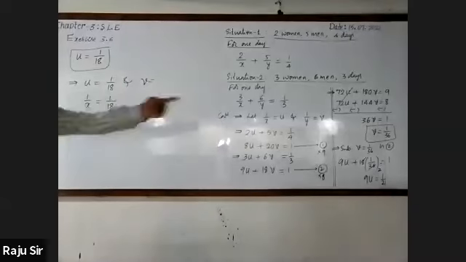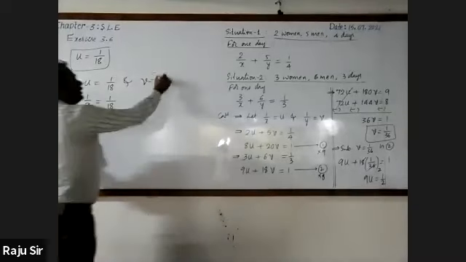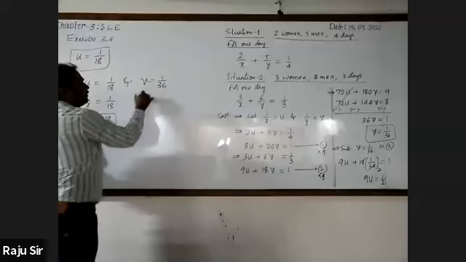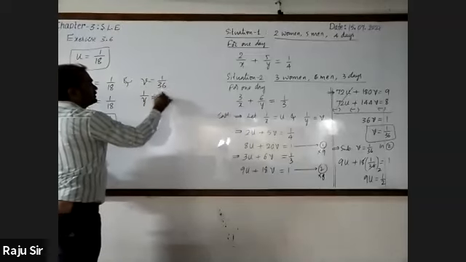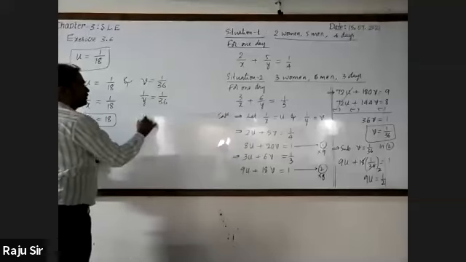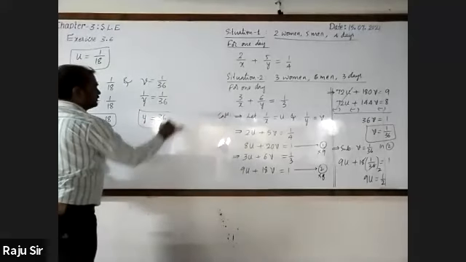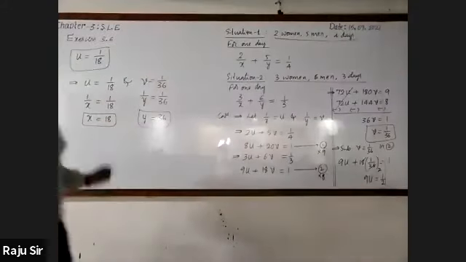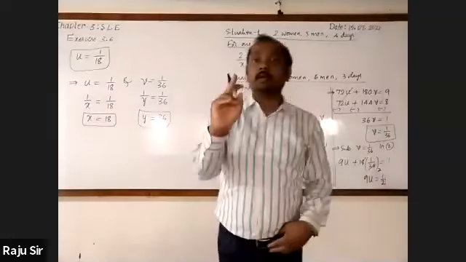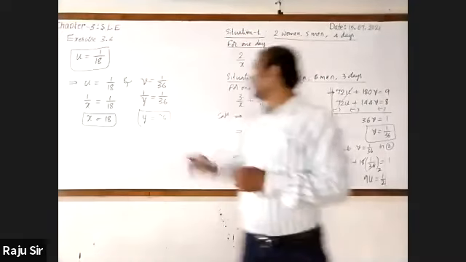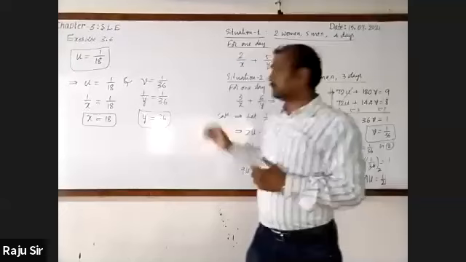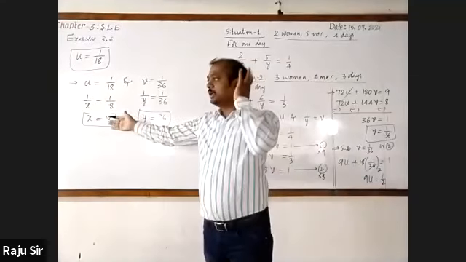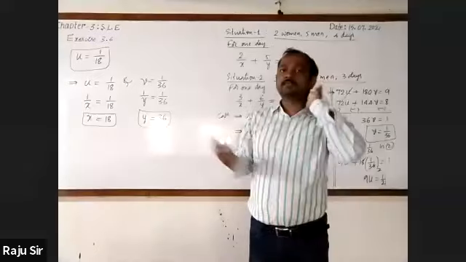V is 1 by 36, and we also know that v is nothing but 1 by y is equal to 1 by 36. Y is equal to 36. Number of days taken by one man alone to finish the work, it is 36 days. He will take 36 days and woman will take just 18 days for finishing the work.